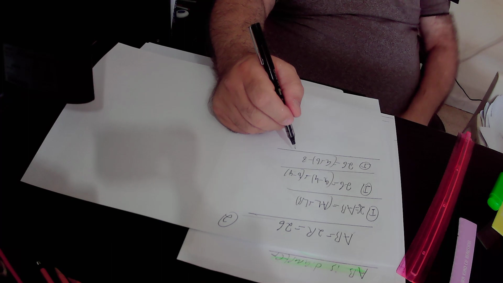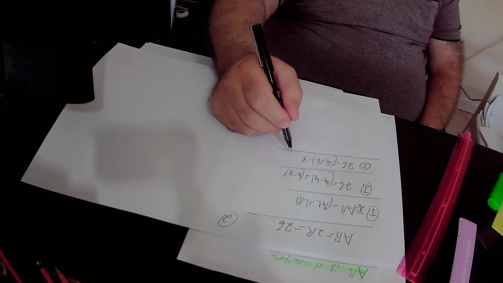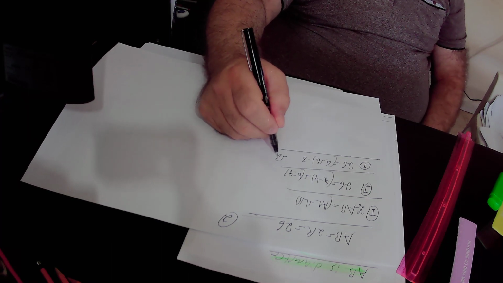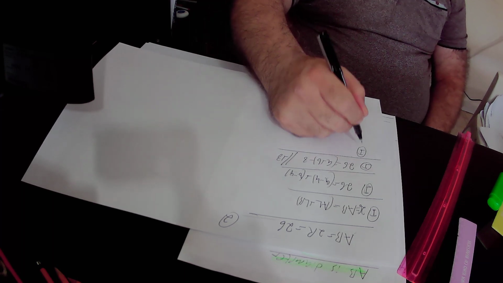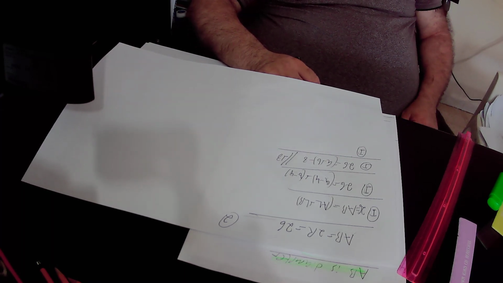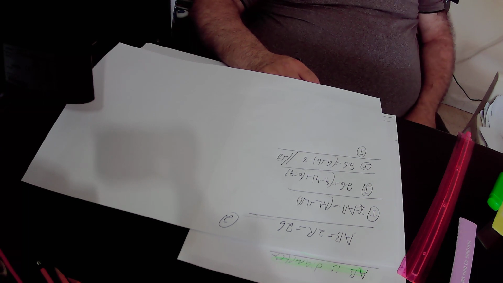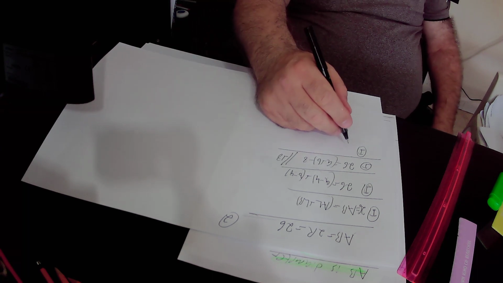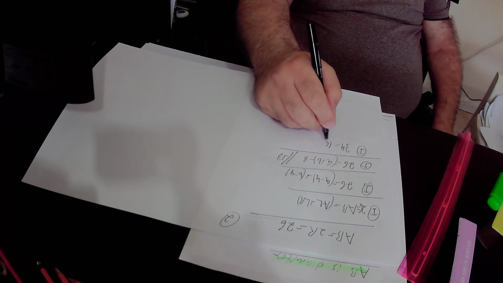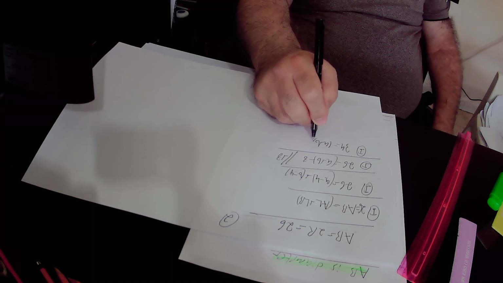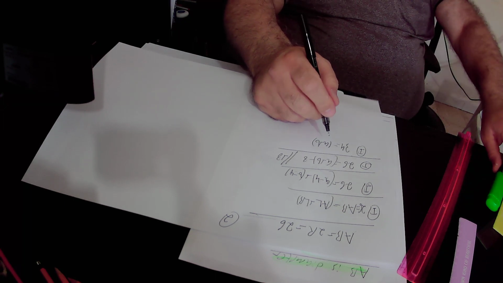So here we add 8 to this equation, and we get that 26 plus 8 is 34, so 34 equals A plus B, according to equation number 1. Okay.